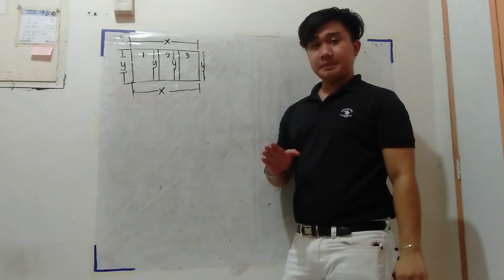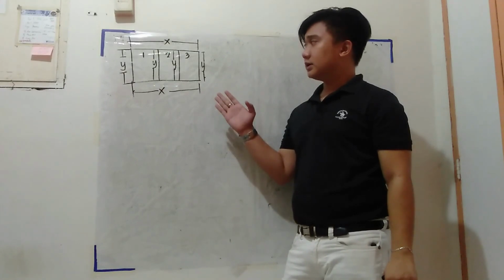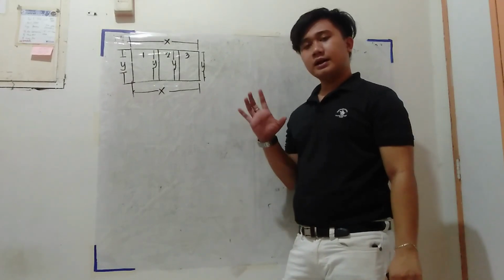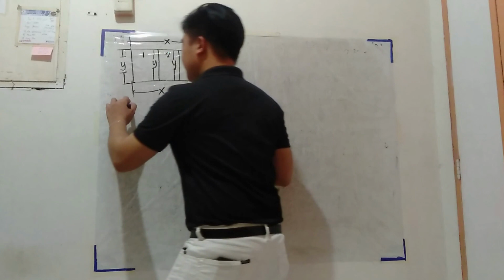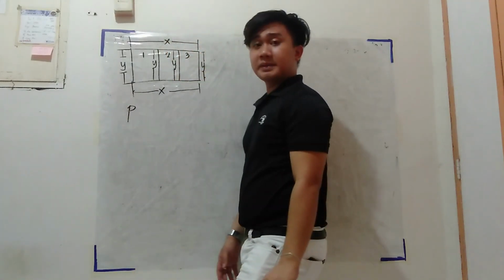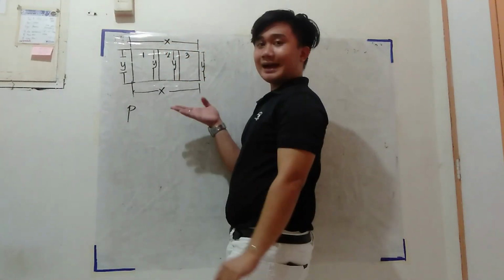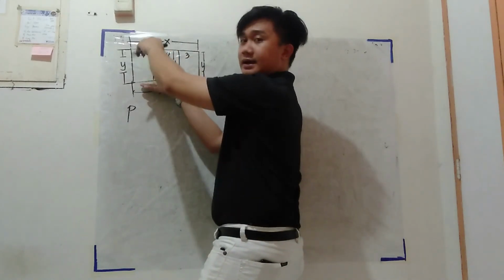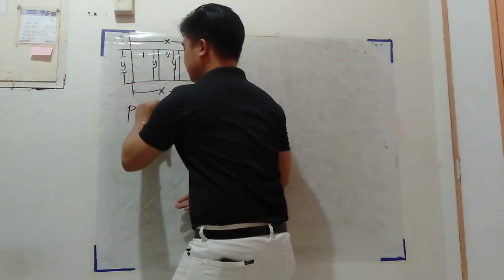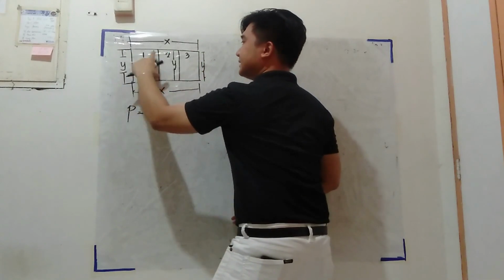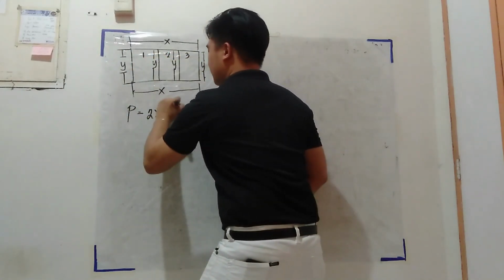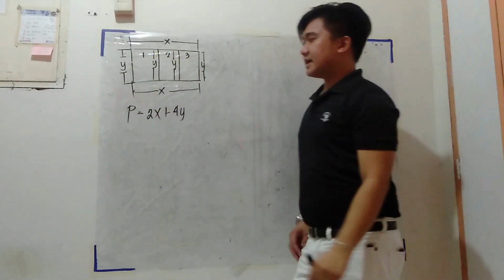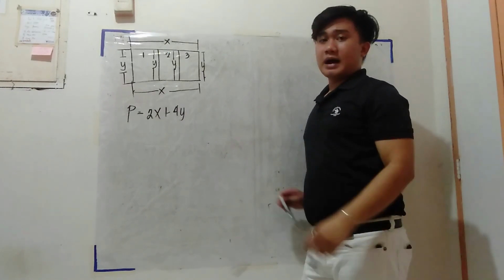So, pag pinag-isipan natin, kung titingnan mo, yung magagastos mo or kung gaano kalaki yung fence mong magagamit, you are referring to the perimeter. So, yung bakod na kailangan natin, 2x plus 4y. So, ganyan kalaki ang ating bakod.